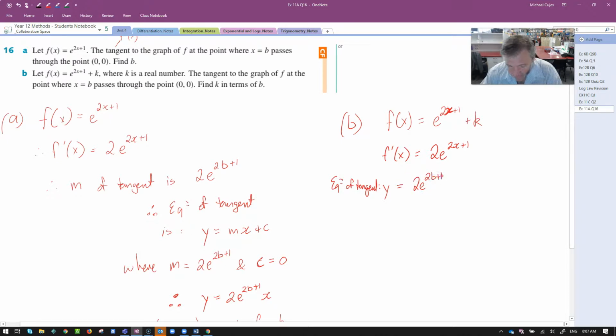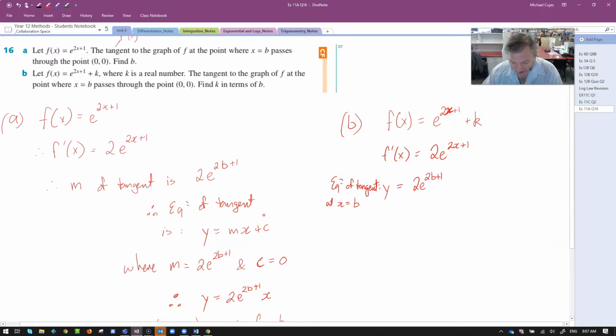So this is the tangent when x is equal to b, and the y-intercept will be 0. So that's going to be the equation of the tangent at x equals b. So what I've done is I've substituted in b. Same as the working that we did just before.